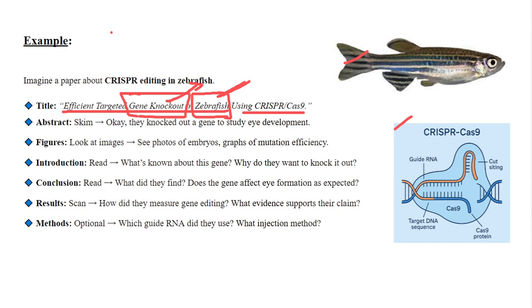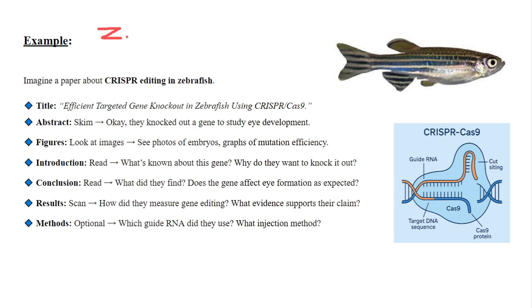Okay, here they took zebrafish. Sorry for the bad heading. One second. Here they are taking zebrafish. What are they doing? They are doing gene knockout. Which method are they using? CRISPR Cas9.